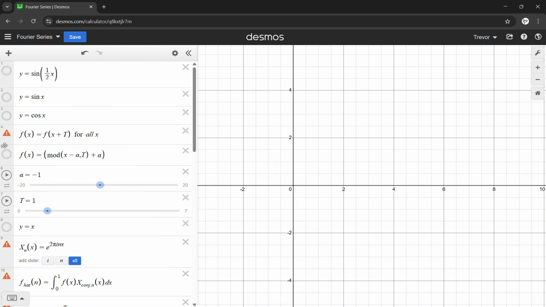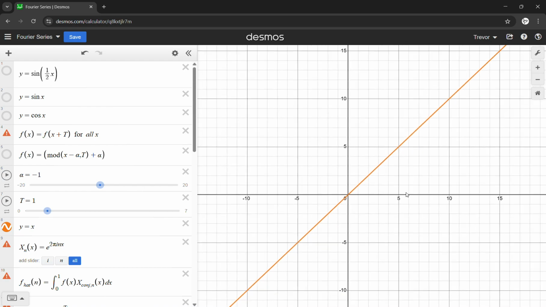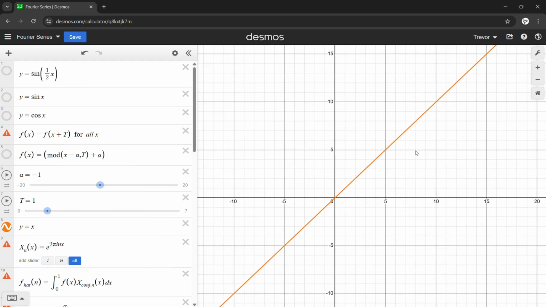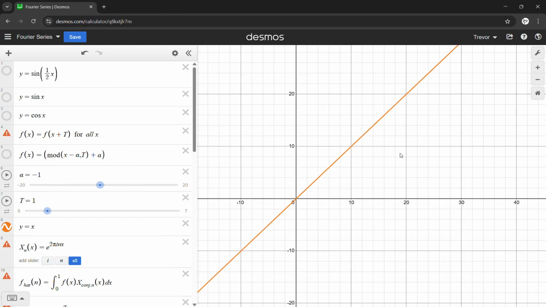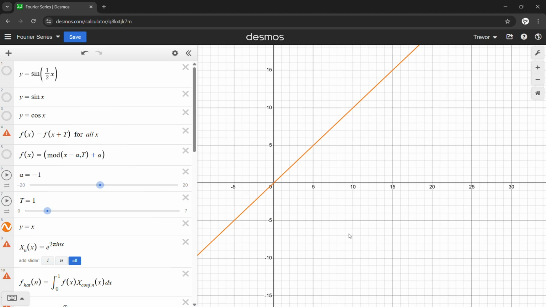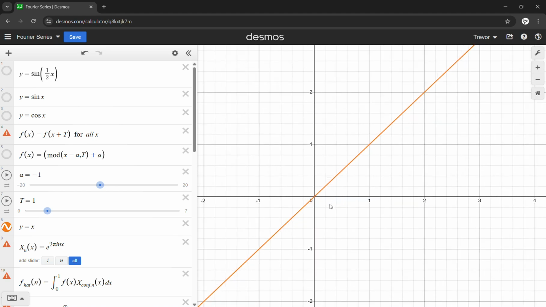Here's an example of that. Let's take the graph y equals x. This is the most simple graph. It's a straight diagonal line. This is not a periodic graph because you can see it just goes up, up, up, and it never really repeats. But something that we can do is take a pair of scissors and snip the graph at x equals 0, and we'll go along the graph and snip the graph again at x equals 1.